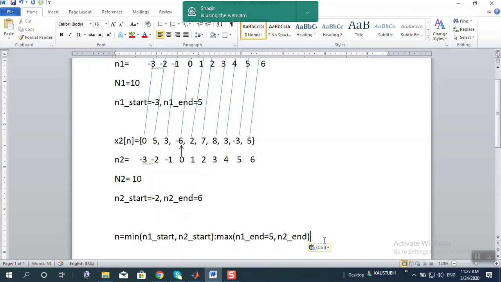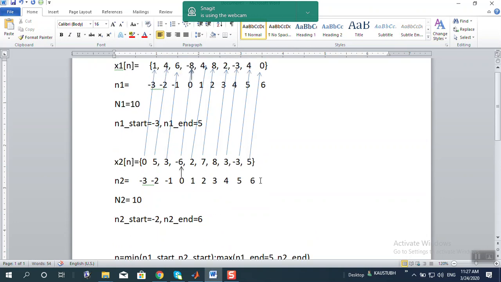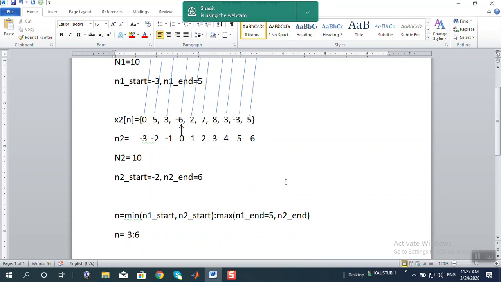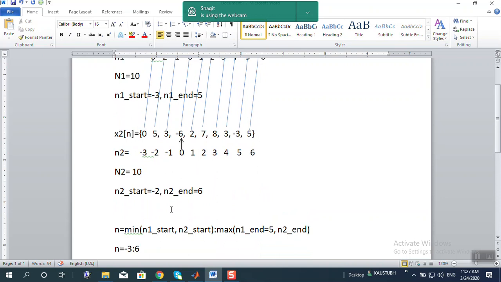So the minimum of n1 start and n2 start, -3 and -2, is -3, and the maximum of 5 and 6 is 6. So finally the resultant signal will be from -3 to 6.